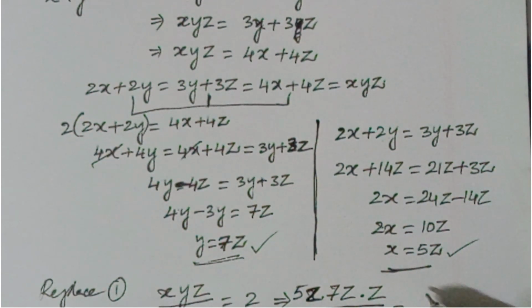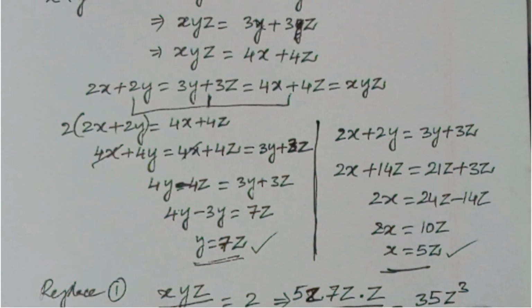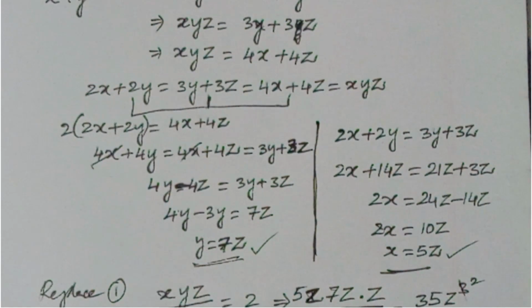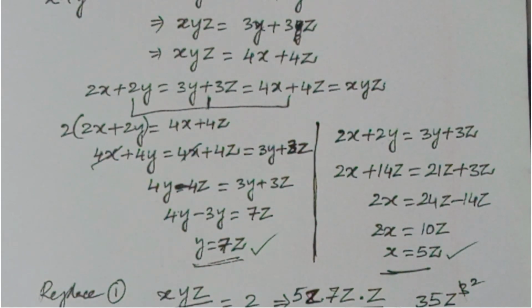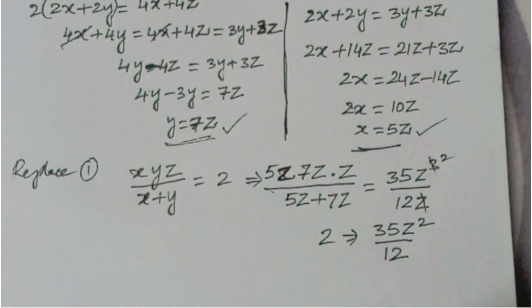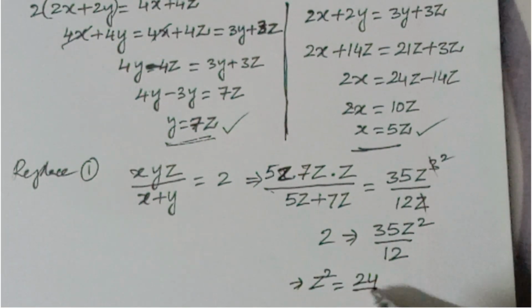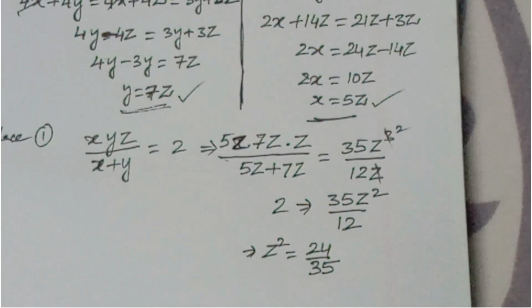So here what will we get: 35z cube by 12z. So z square cancels out, you will get z square here. So 2 is equal to 35z square by 12. From this, z square is equal to 24 by 35.